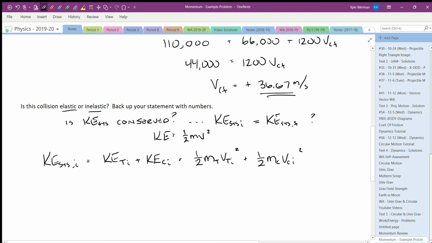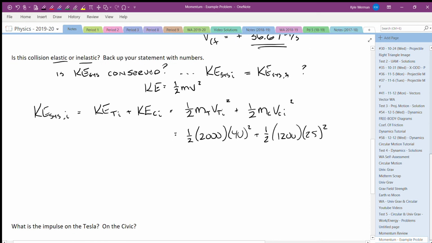And we know those values. All right, that would be 1/2 of 2,000 times 40 squared, plus 1/2 of 1,200 times 25 squared. And you get a big number. Should be a lot of joules of energy with these fast-moving cars.